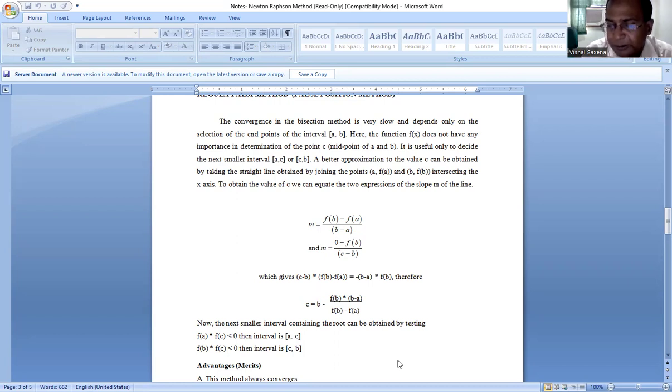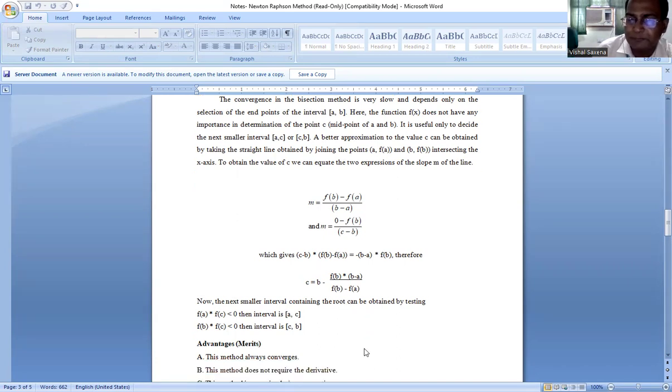And if fb into fc is less than 0, then the root will lie in the interval c comma b. In this way we can find the interval in which the root lies, and this is the formula for the regular falsi method.